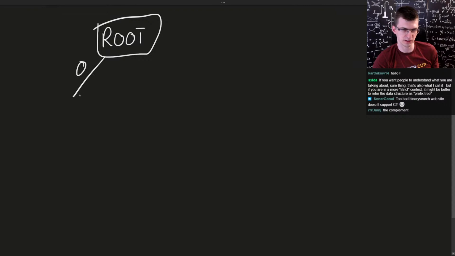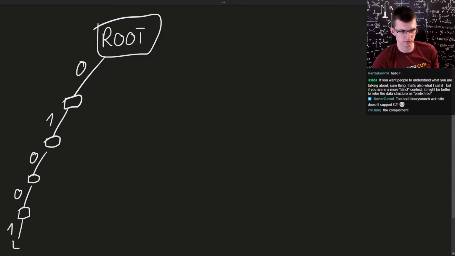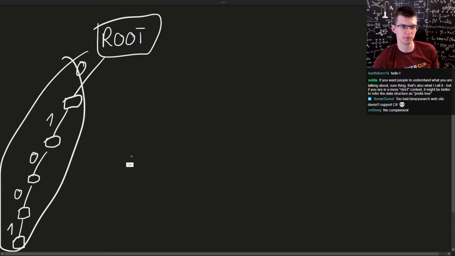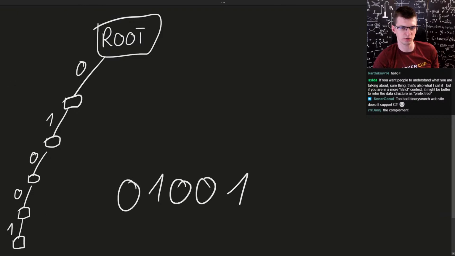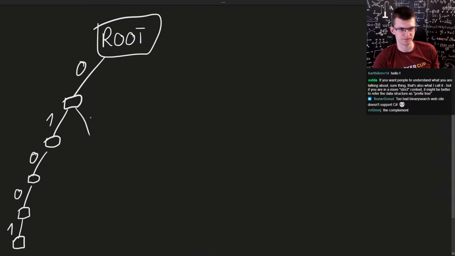And let's say there is number 0, then 1, then 0, maybe 0 again, and a 1. So here we have number 0, 1, 0, 0, 1. And there are some other numbers, sure.